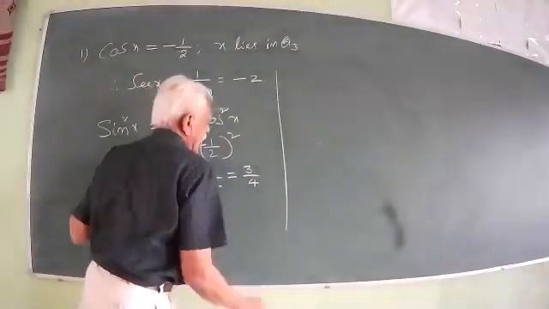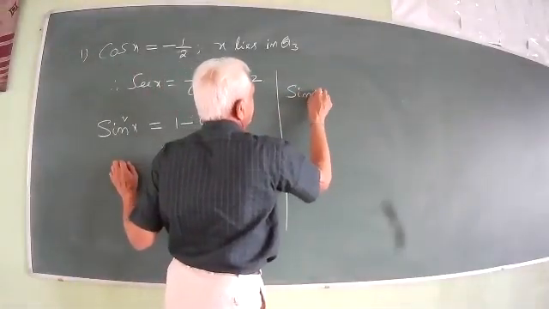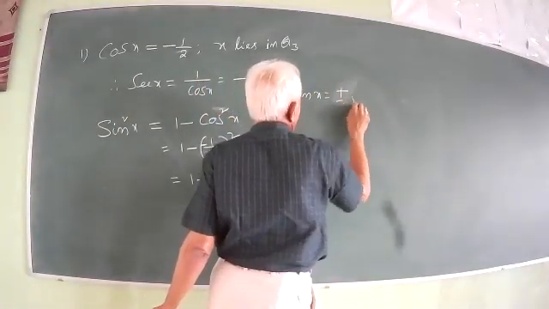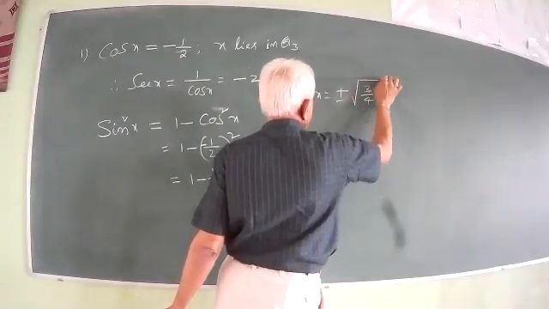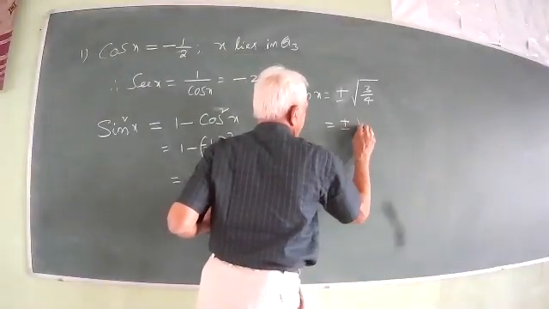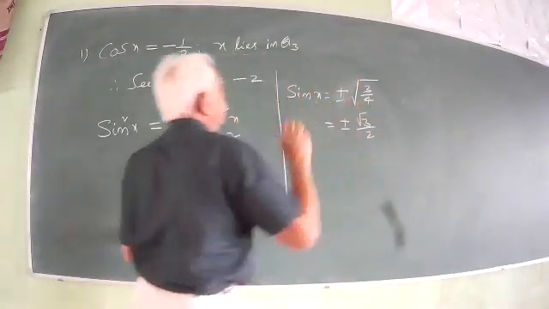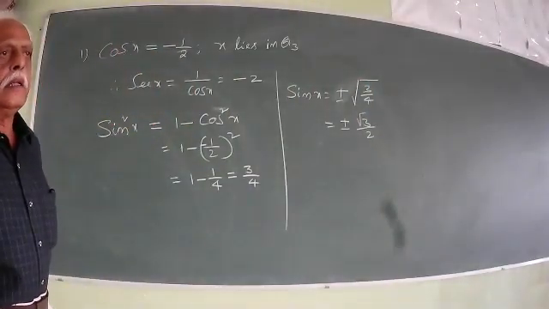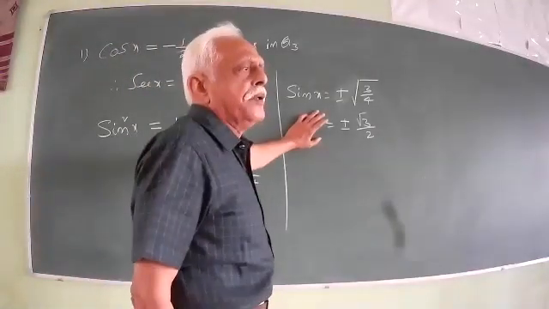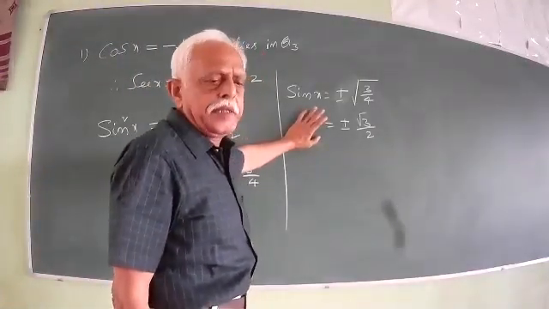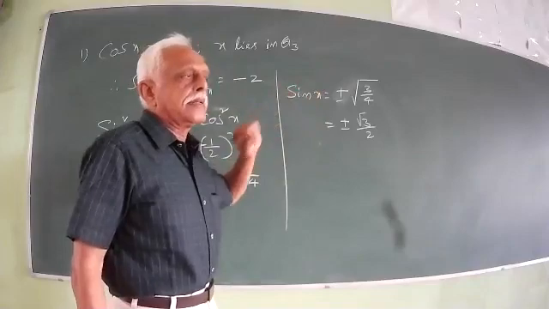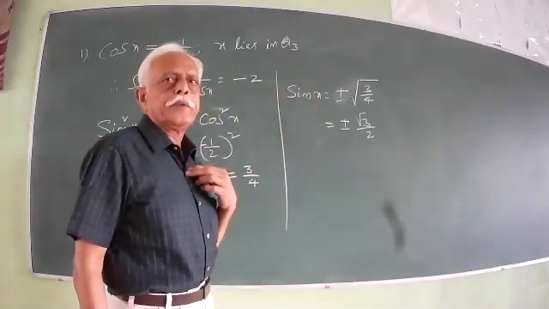I am not going to take LCM and all these things. Now, sin x is equal to plus or minus root of 3 by 4. Means you are getting plus or minus root 3 by 2. Now in the beginning I said why we use plus or minus. Basing on the quadrant in which the terminal side lies, we have to give the sign for the trigonometric ratio.